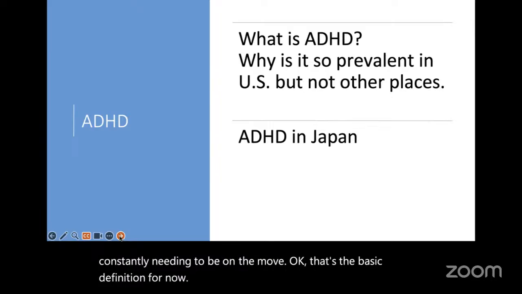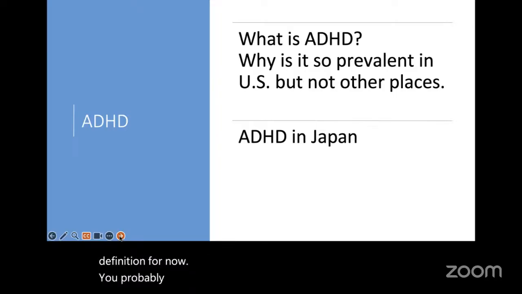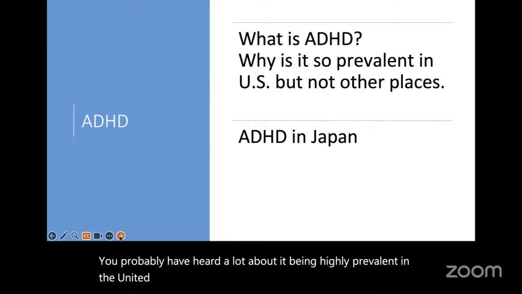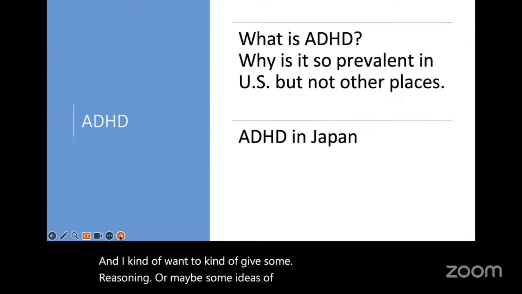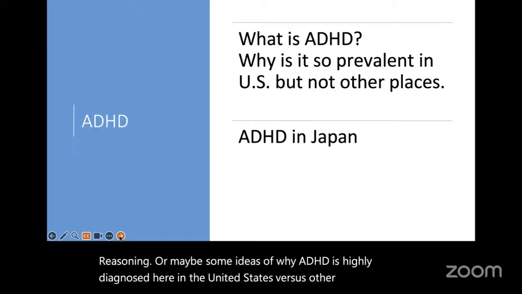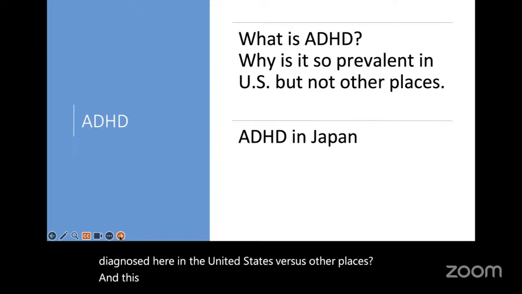You probably have heard a lot about it being highly prevalent in the United States. And I want to give some reasoning, or maybe some ideas, of why ADHD is highly diagnosed here in the United States versus other places. And this comes down to the model of diagnosis.